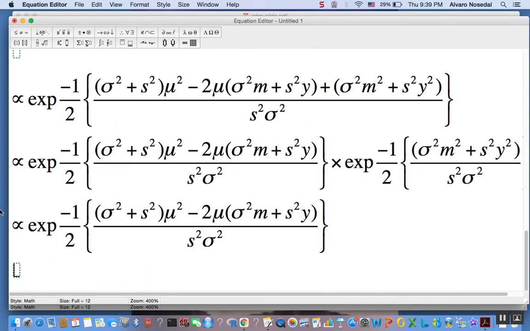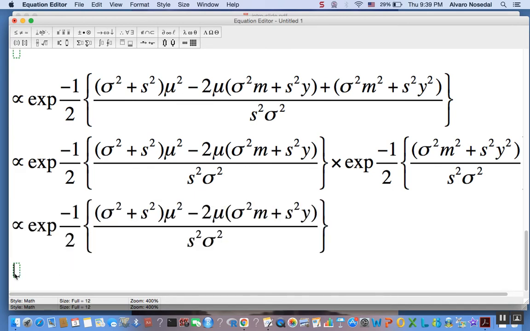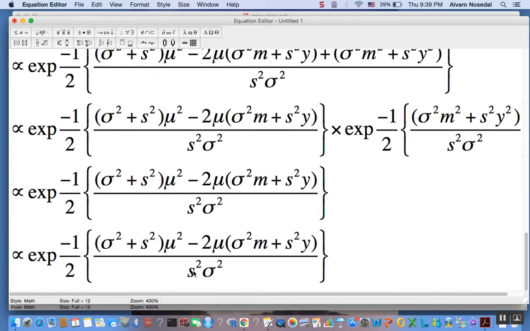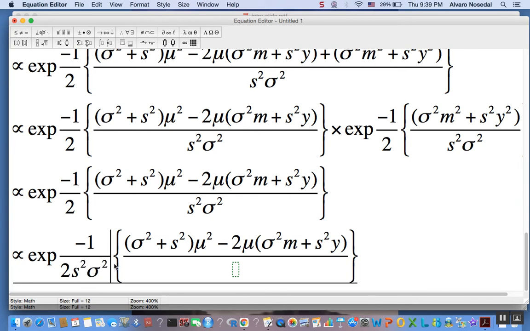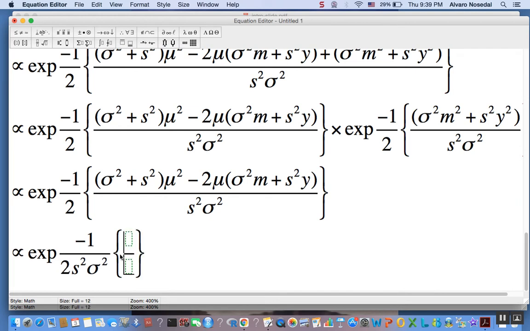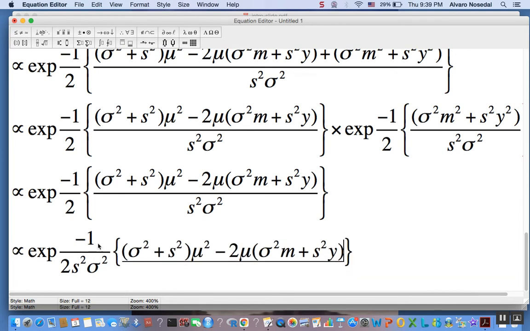So first, before we play around with that exponent, note that we could just factor out that term. That's a common term, right? Just factor it out, and then let me just keep the numerator. We no longer need that fraction. Okay, so same thing, right?